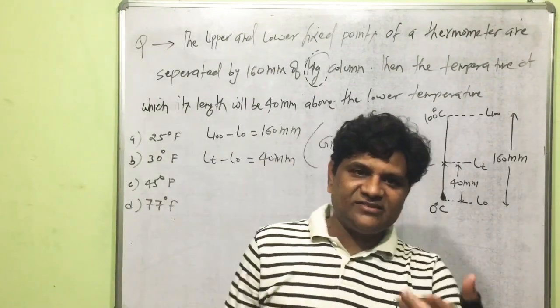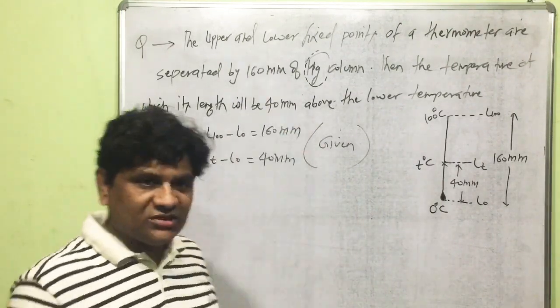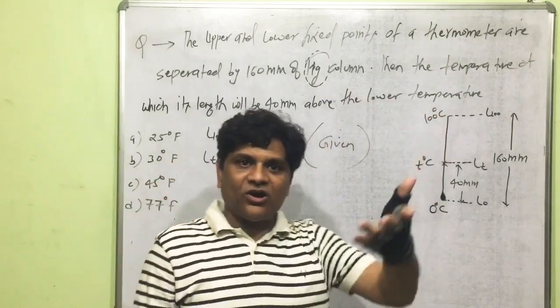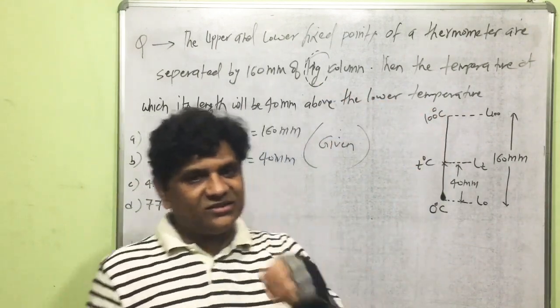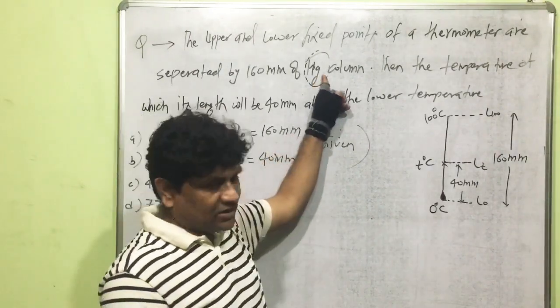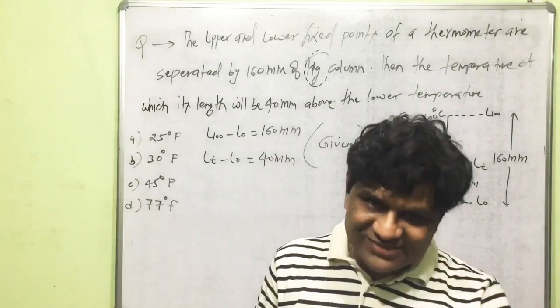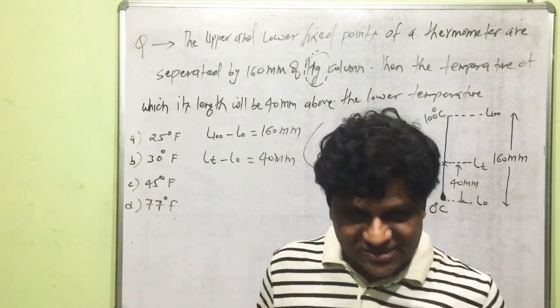Now the question is related to a gas thermometer or liquid thermometer. It should be clear that we are using mercury. It means we are discussing a liquid thermometer, not a gas thermometer.